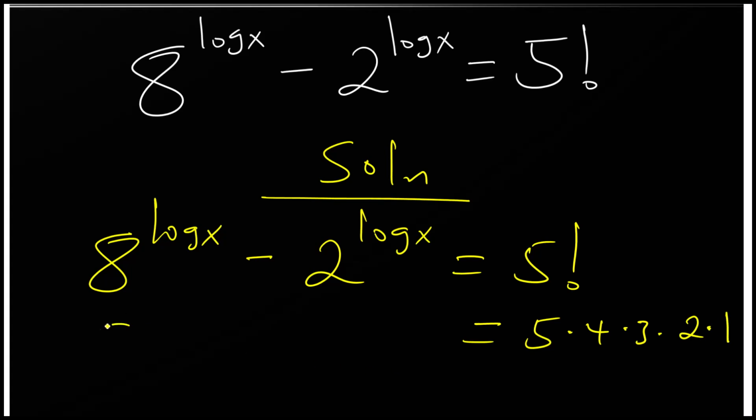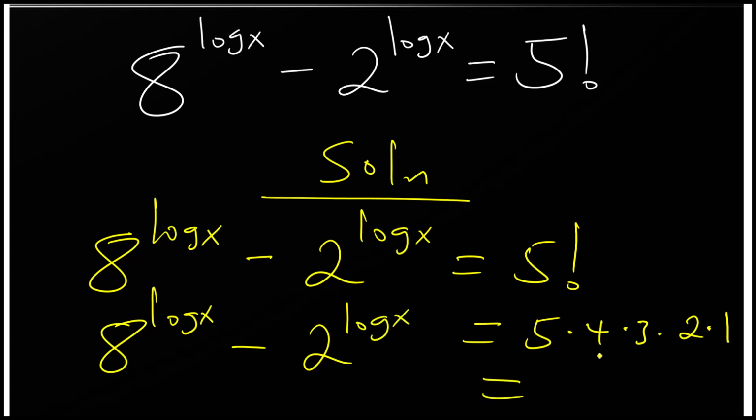On this side, 5 times 4 is 20, 20 times 3 is 60, 60 times 2 is 120. So this side remains as that.